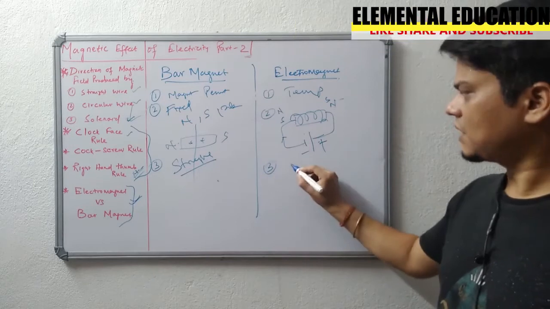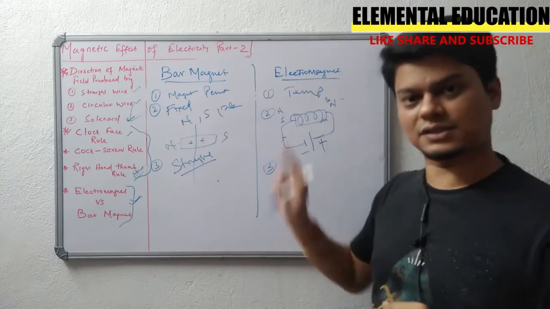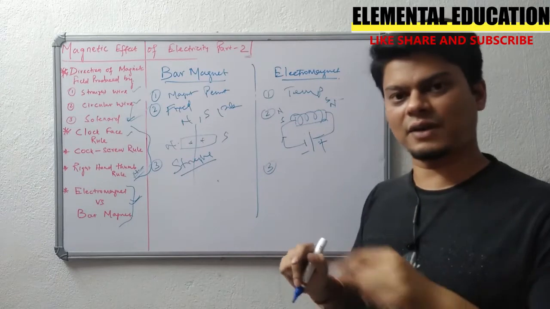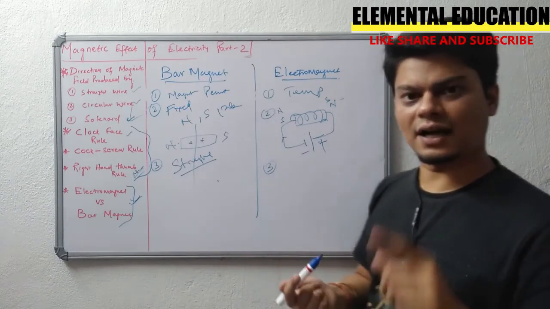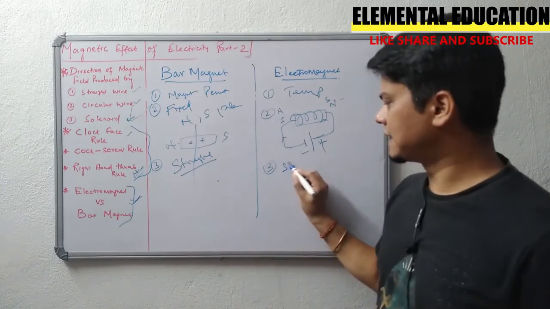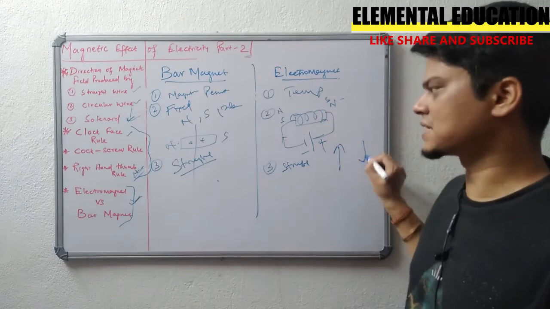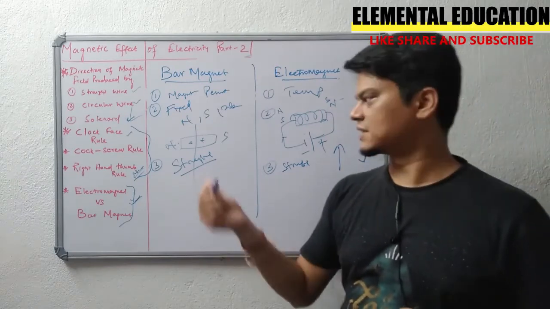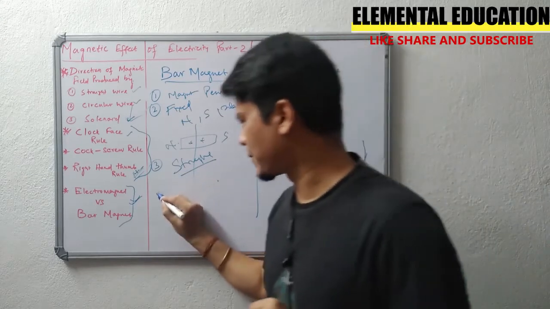How? I have already told you three factors. If I am increasing the number of turns, or second one is if I am changing the core material. Third thing is if I am increasing the current flowing through it, the strength increases. Strength we can increase or decrease based on our requirement. So this is the difference between the bar magnet and electromagnet.